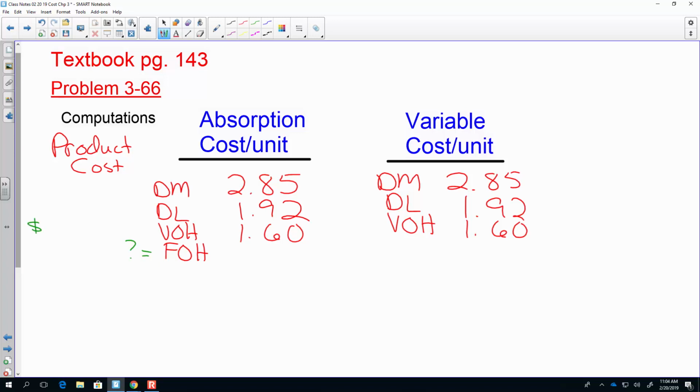So 180 is the cost, right? Over the 200,000 level. Is it the 200,000 or is it the sold amount? Always production amount. Here, again, you could say produced amount or practical activity level.